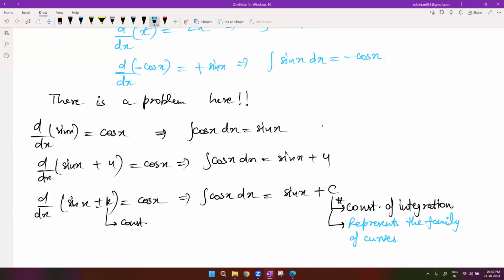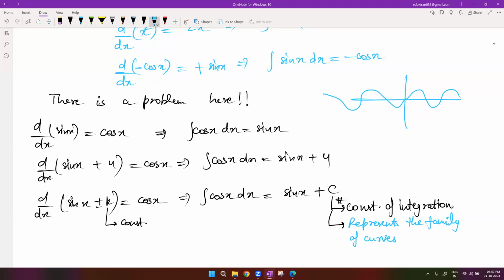Represent the family of curves. Now, what does this mean? Here, family of curves means, if you draw the graph of sin x, let's understand this graphically very quickly. So if you draw the graph of sin x, this is this, right?